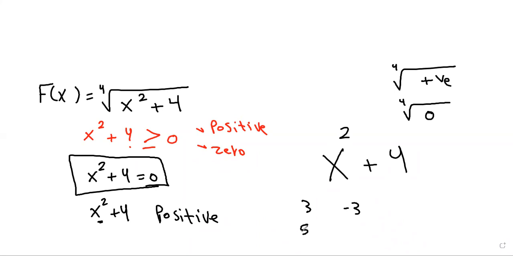If you take 5, 5 squared is 25. If you take negative 5, it is 25. If you take 0, 0 squared is 0. So x squared plus 4 is always positive. Are you with me?